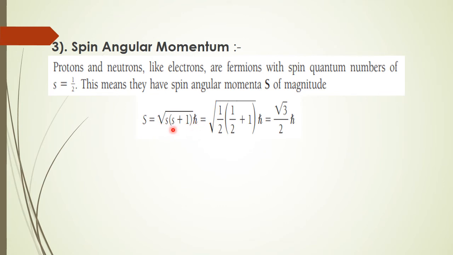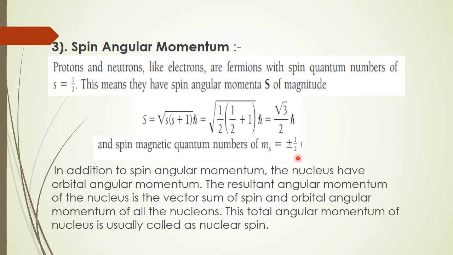So when we substitute s is equal to 1/2, we get the magnitude of spin angular momentum as root 3 by 2 ħ. And the orientations are represented by the spin magnetic quantum number ms, that is plus or minus half. It can be either up spin or down spin.